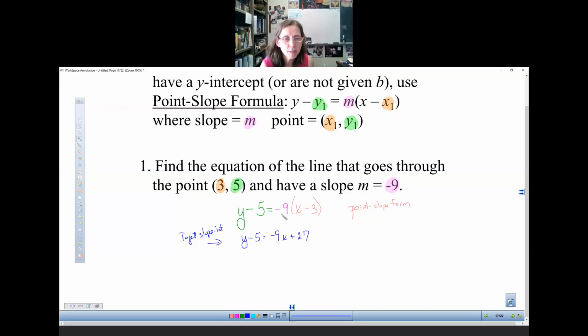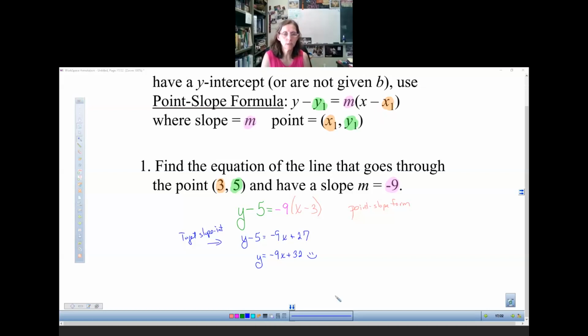Because I'm distributing my negative 9 through here. And then I'm going to add 5 to both sides. And I have negative 9x plus 32. And that is my slope intercept form. Okay? Excellent.